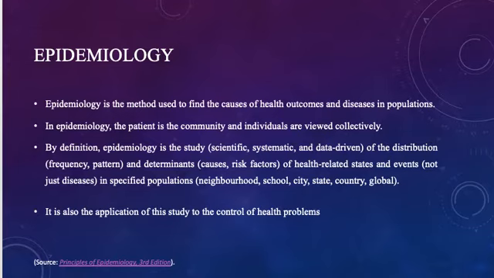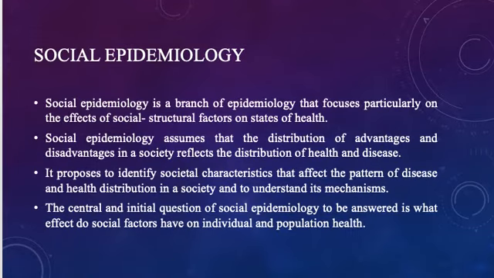So next, let's try to understand what social epidemiology is. Social epidemiology is a branch of epidemiology that focuses particularly on the effects of social structural factors on states of health. Social epidemiology assumes that the distribution of advantages and disadvantages in a society reflects the distribution of health and disease.